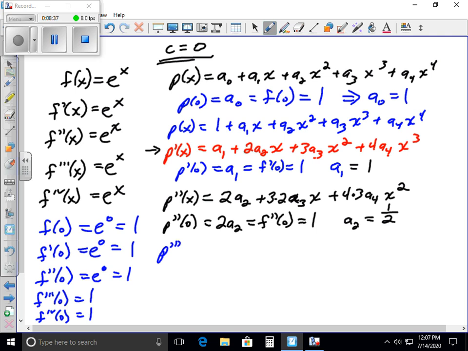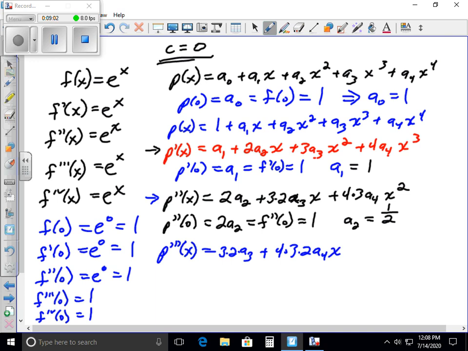To get our third derivative, we go back here to the second derivative and take the derivative. So the derivative of a constant is 0. The next term is 3 times 2 times a sub 3. The next one, we bring the 2 down, and we would have 4 times 3 times 2, a sub 4 x.